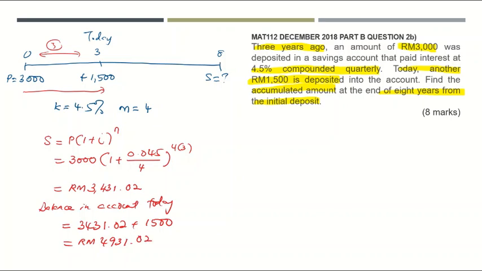The amount is left in the account for another 5 years, for the total duration to be equal to 8 years. So what you need to do now is find what amount the balance in the account today should become after 5 years.